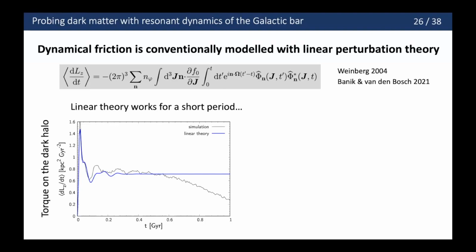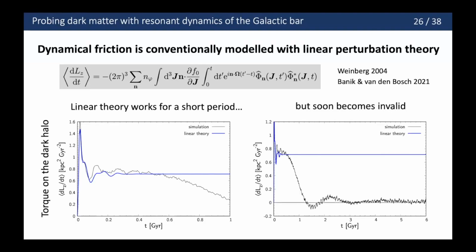You can see that for the first few hundred megayears, the theory reproduces the result of the simulation very nicely. But if you look at the longer timescale, in the gigayear timescale, you can see that the two disagree badly, right? The linear theory converges to a constant value, whereas the simulation shows this very long oscillation that bumps over time. So first I want to understand why this is the case.